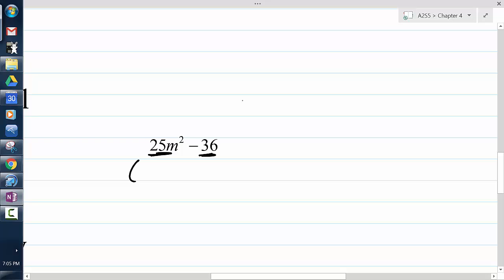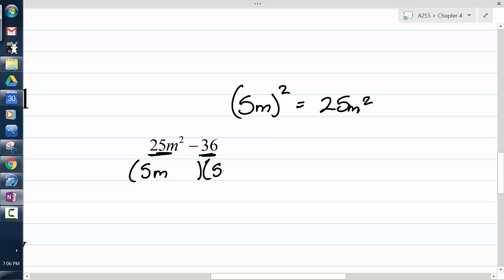If you take 5m and square it, you'll get 25m squared, right? So we'll take 5m here, and we'll take a 5m here. Because if we fold it back together, we get 25m squared. And then 36, break that down, that's going to be a 6 here. It's going to be a 6 here, one's plus, one's minus.